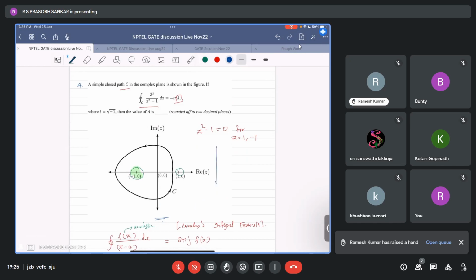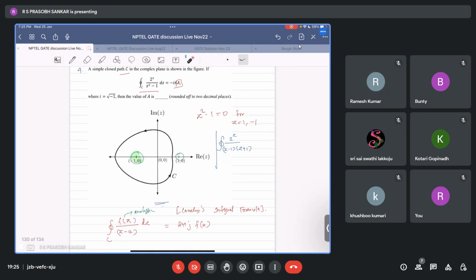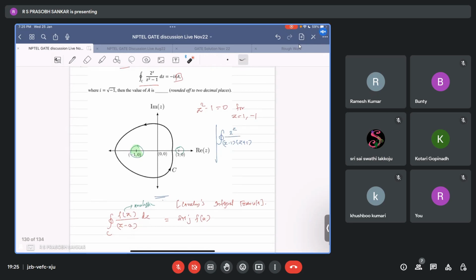Okay, so what happens here is, the function is 2 raised to z by z minus 1 into z plus 1, right? And we want to integrate this function. Now, what Cauchy's integral formula says is that suppose I have an integration where the numerator is analytic and the denominator is of the form z minus a, or z plus a, it doesn't matter.